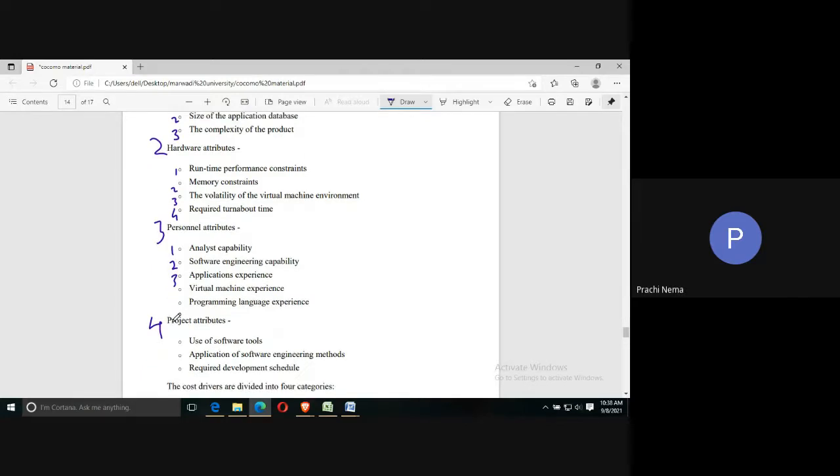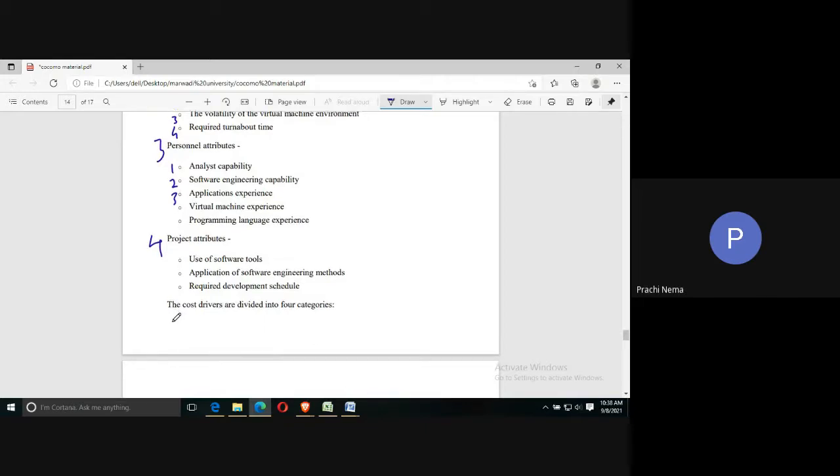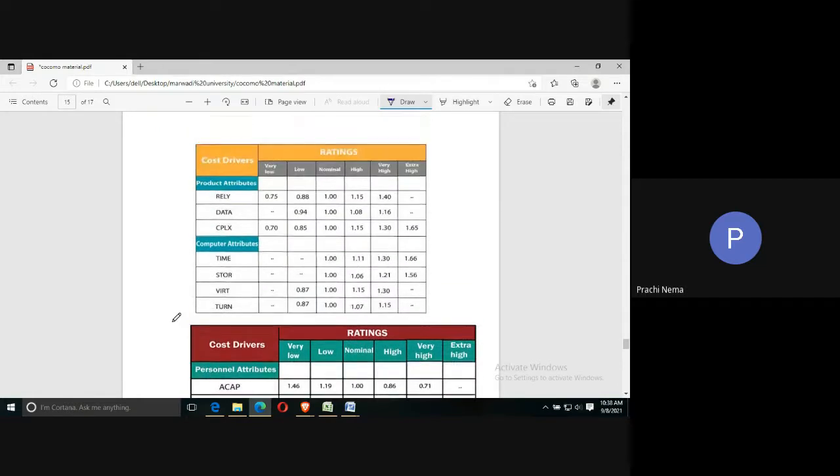So in total, the cost drivers are 15 under four different categories of attributes. There are certain values or ratings assigned to each cost driver belonging to a particular attribute category.